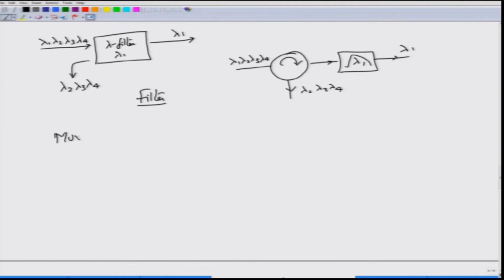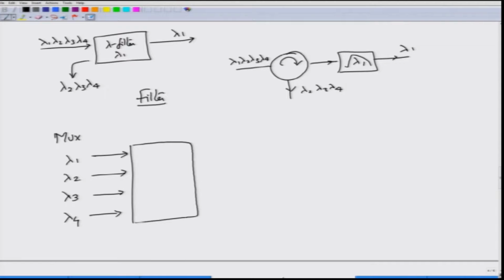You can also find what is called a multiplexer in the market. What is a multiplexer for a WDM system? A multiplexer is a very interesting device. It takes in signals of different wavelengths, so let us say these are at wavelengths lambda 1, lambda 2, lambda 3 and lambda 4, and then combines them into a single output called the COM output or the common output.